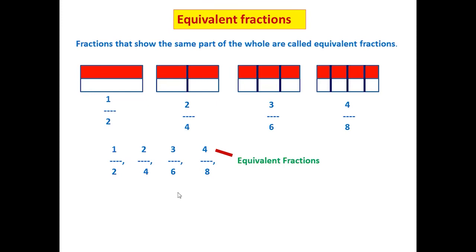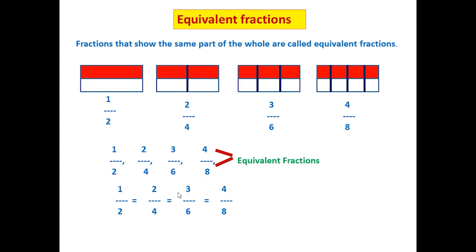So children, we say two or more fractions that show the same part of the whole are called equivalent fractions. That is, 1/2 is equal to 2/4, 2/4 is equal to 3/6 and 3/6 is equal to 4/8.